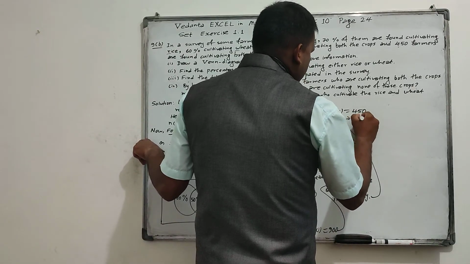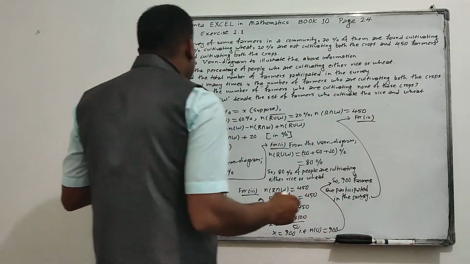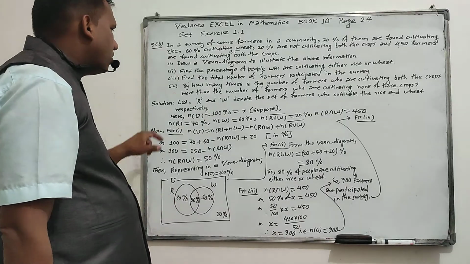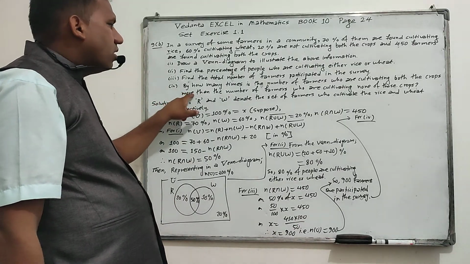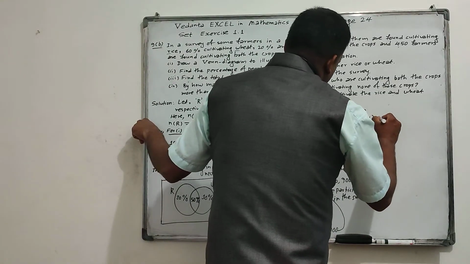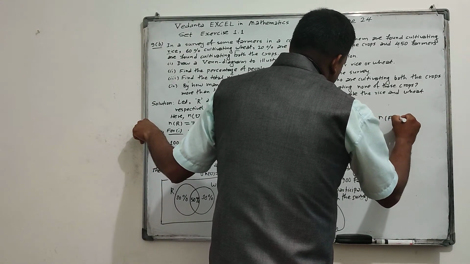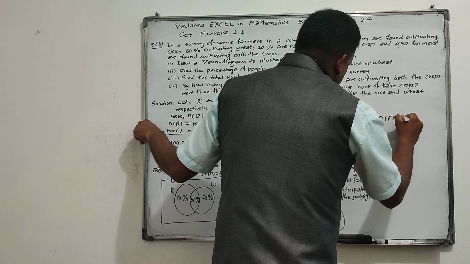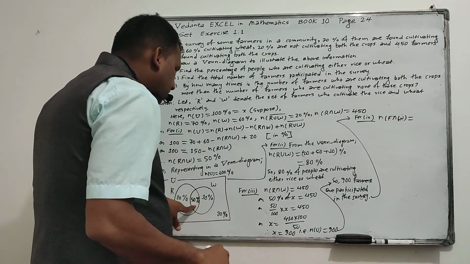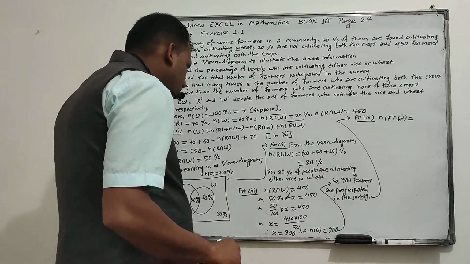Then for number 4, by how many times is the number of farmers who are cultivating both crops more than the number of farmers who are cultivating none? So, who are cultivating both, that is number of R intersection W, equal to, from the diagram, 50% of total farmers.